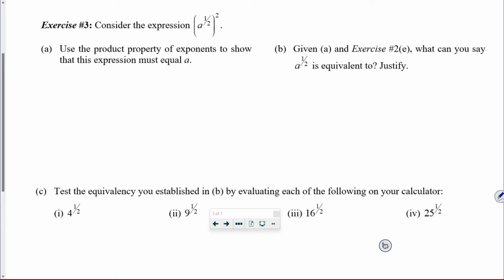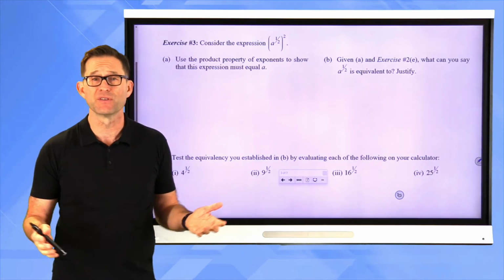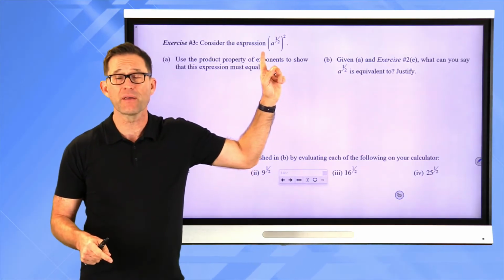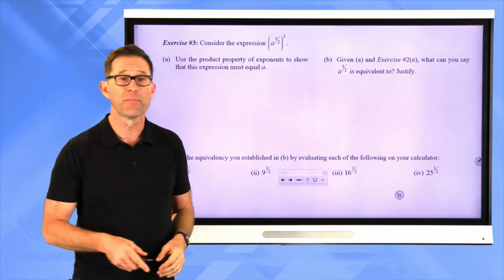Consider the expression a to the 1/2 squared. Letter A, use the product property of exponents to show that this expression must be equal to a. All right, well, this is easy enough. Let's just do it together. The product property of exponents says that if I have something raised to a power raised to another power, I should multiply those two powers.